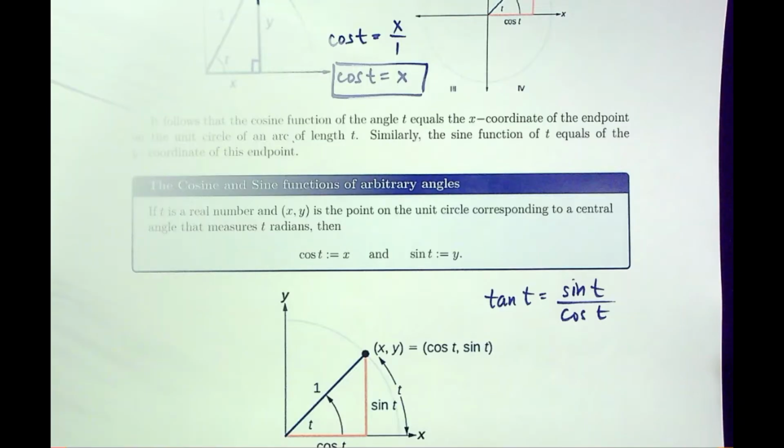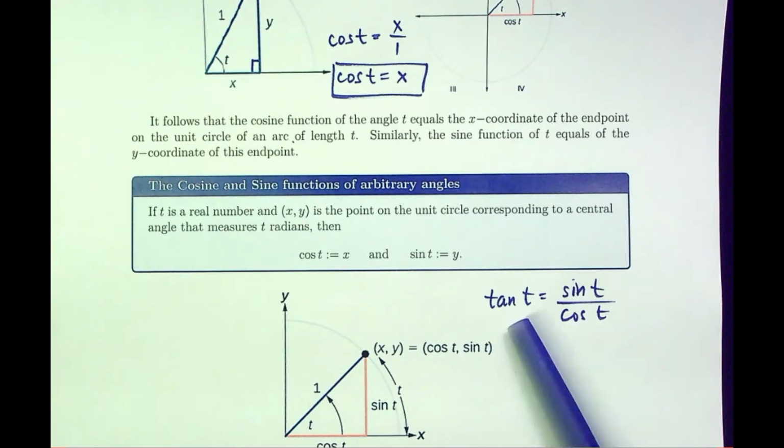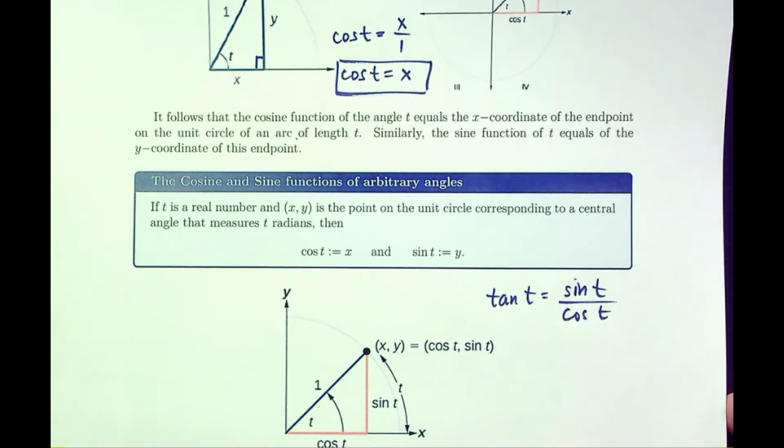So for an arbitrary angle, tangent is sine over cosine, and that's how you define tangent for arbitrary angles. And then you define secant, cosecant and cotangent the same way as before. The secant is 1 over cosine, the cosecant is 1 over sine, and the cotangent is 1 over tangent.